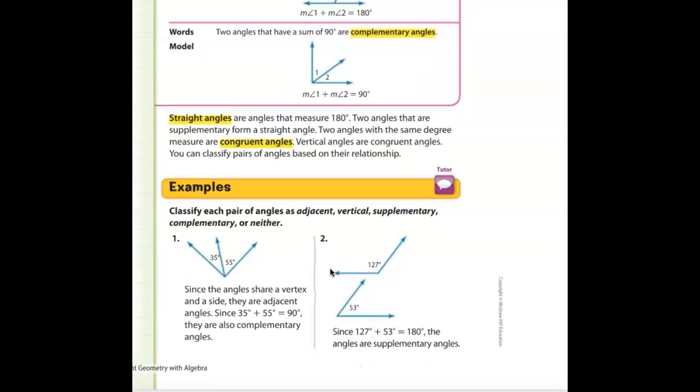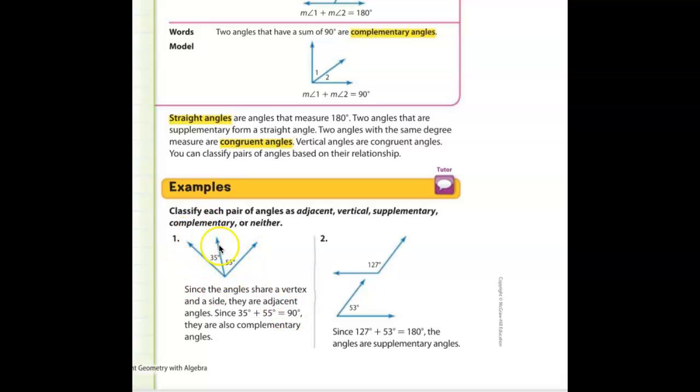Now, there are examples for you to look through in the book if you're not sure what this is. The first example says, classify these two angles as either adjacent, vertical, supplementary, complementary, or neither. In this case, they do share a side and a vertex, so this is definitely going to be adjacent. But if we added 35 and 55 together, it does equal 90 degrees.